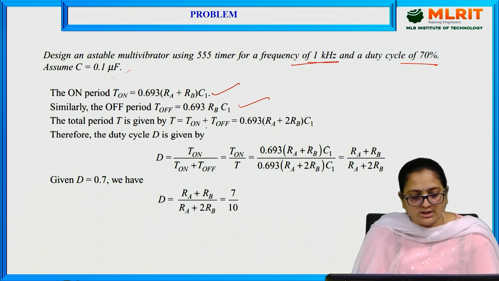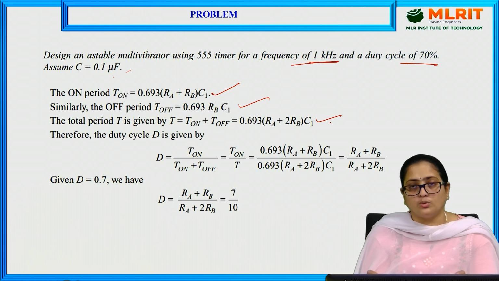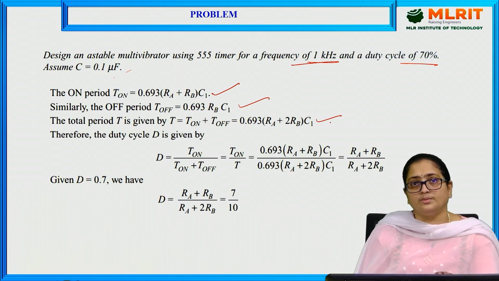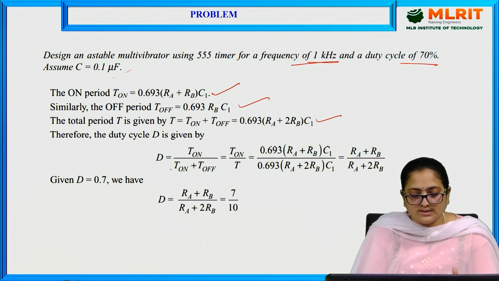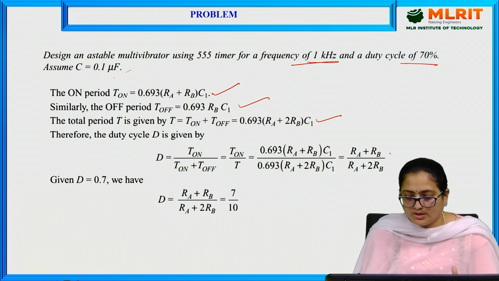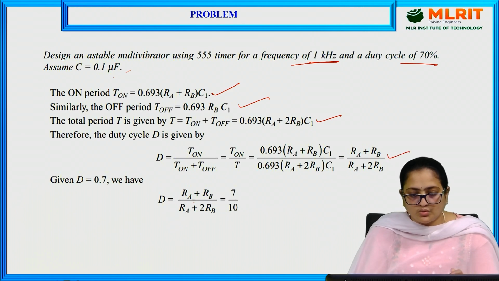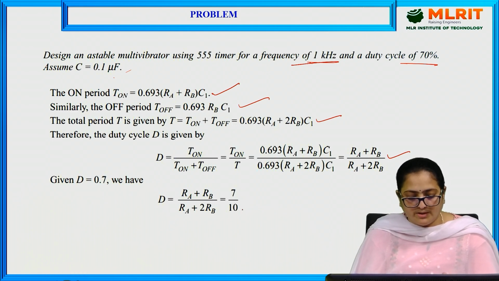The total time period T is the summation of T on plus T off, which is 0.693 into (RA plus 2RB) into C1. And the duty cycle, T on by T, is (RA plus RB) by (RA plus 2RB). The duty cycle value they have given is 70%, which is 7 by 10. So you can get the equation in terms of RA and RB here.